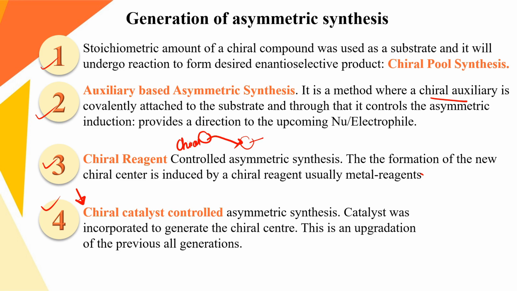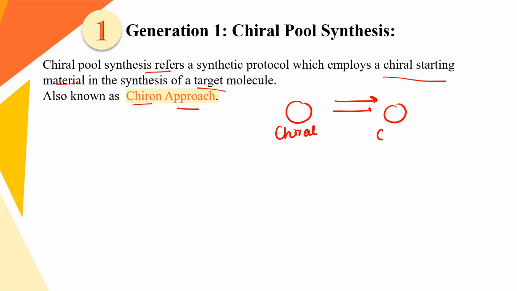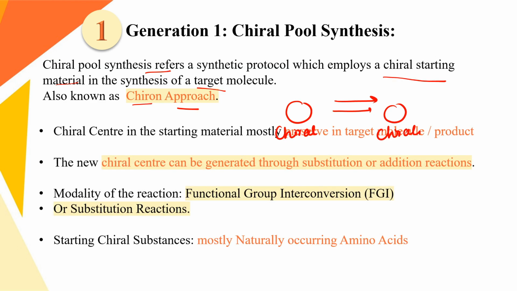So first, let us discuss the chiral pool part. As I already discussed, chiral pool synthesis refers to a synthetic protocol which employs a chiral starting material in the synthesis of a target molecule, and this is also known as the Chiron approach. That means you start with a chiral compound and end up with a chiral compound via some functional group transformation.